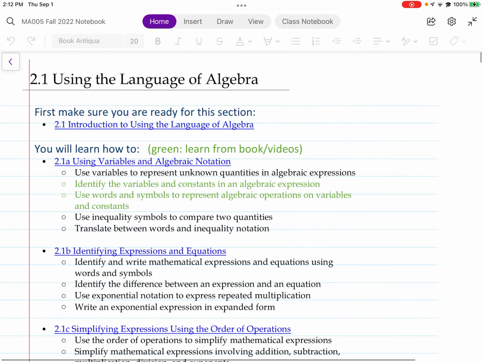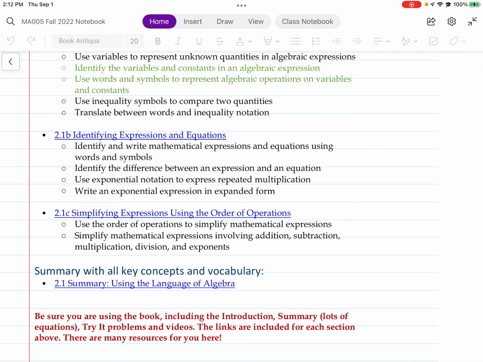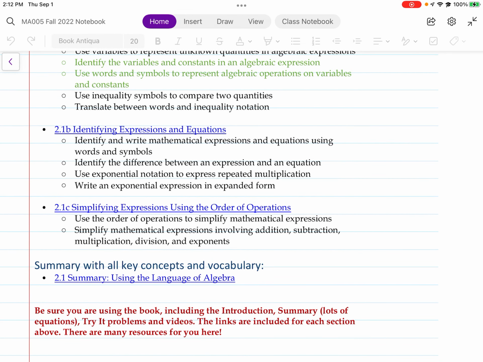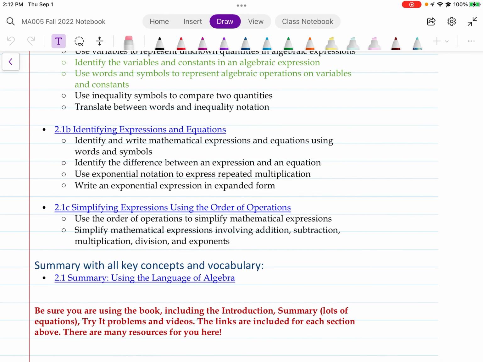There's even the introduction and the summary. So everything is there. Be sure you're using the book, including the introduction and the summary. The summary has lots of equations and the terms, vocabulary, and all the things you need to know. There are try-it problems in there, lots of try-it problems and videos for every single kind of problem. So you can use those links to go straight there.